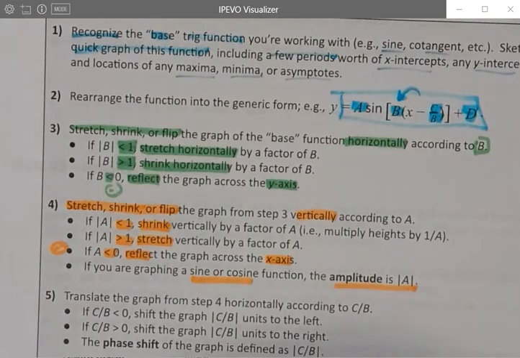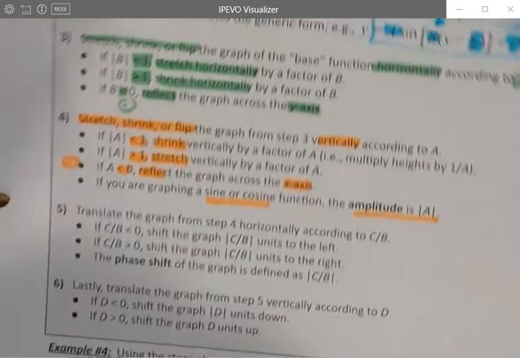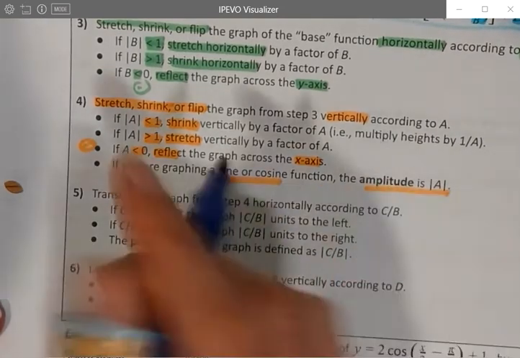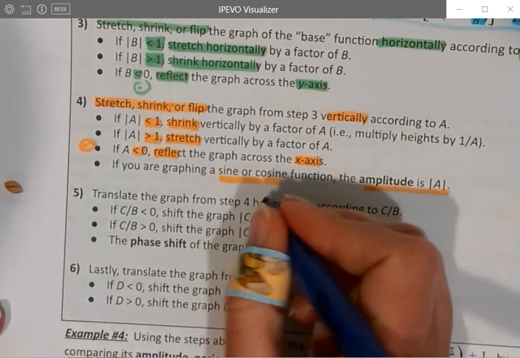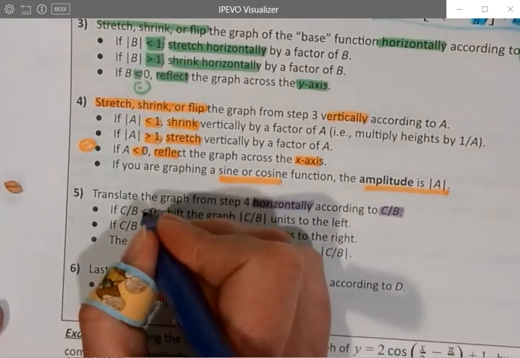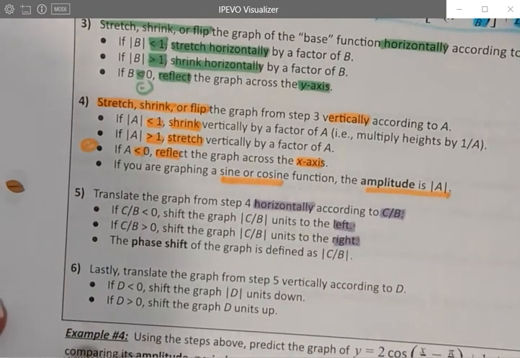Then we would need to do our left-right shifts and our up-down shifts. Left-right shifts first, because they're inner, they happen first. We have our horizontal shifts according to C over B, and so they are the left and right shifts depending on if you have the minus or the plus.